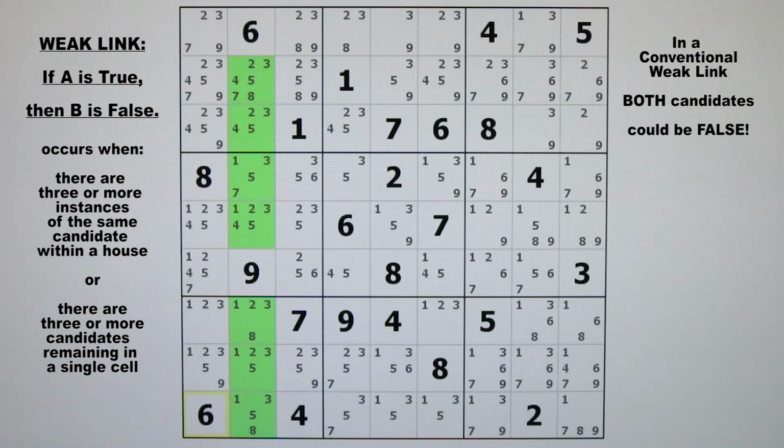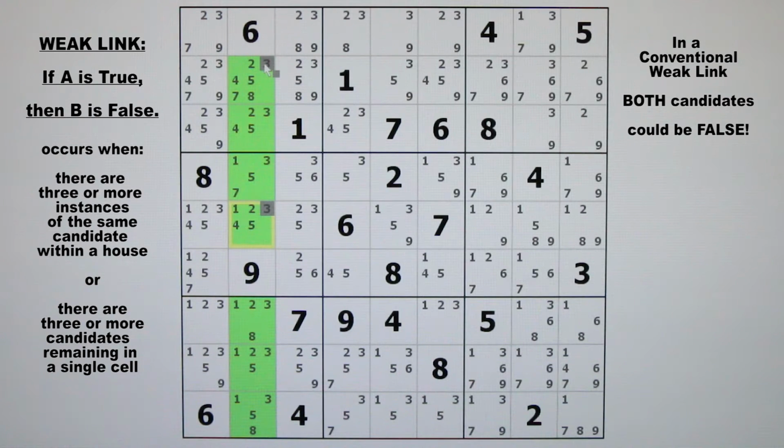Okay, now let's take a look at a column. In column 2, for instance, we see that there are 1, 2, 3, 4, 5, 6, 7 candidate 3s. That's quite a lot. So we know that between any 2 of them, at best, there can only be a weak link. So between this one and this one is a weak link.